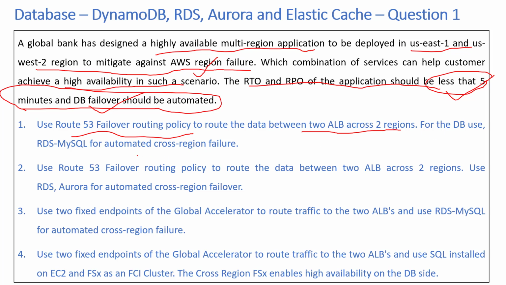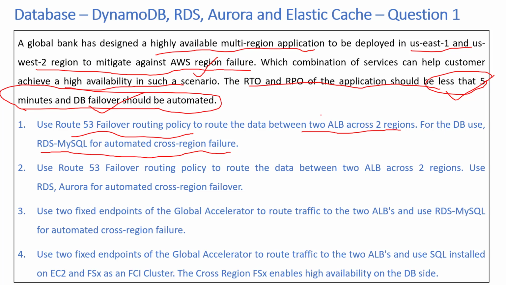For the database, use RDS MySQL for automated cross-region failure. This might not work because the RTO and RPO on the database tier also needs to be less than 5 minutes. But in case of RDS MySQL, when you have a cross-region replica, there is a much larger lag time, and such an RTO and RPO is not possible in this scenario.